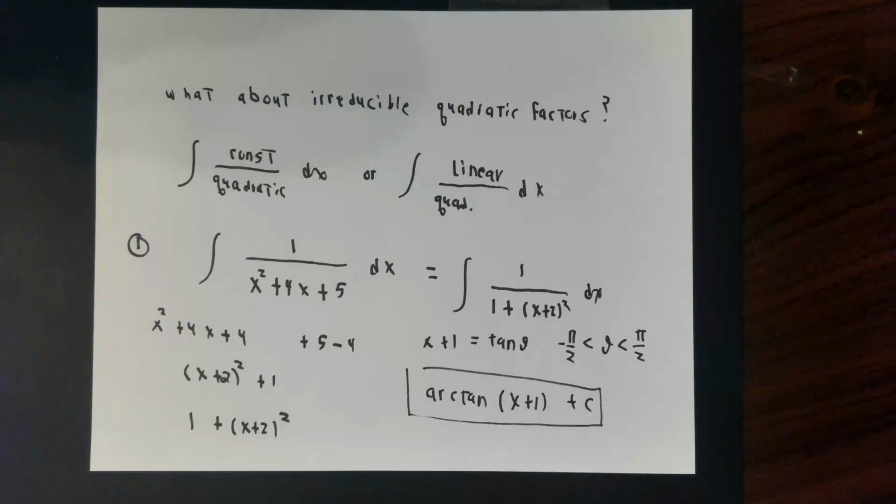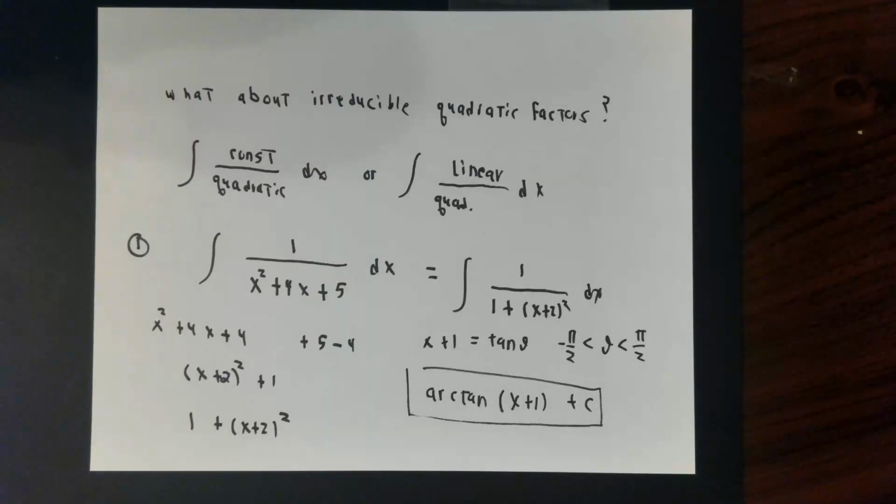Next, I want to think about what to do if I have a quadratic irreducible factor on the bottom. Because of the whole lower degree divided by higher degree thing, there's only two cases to look at. One is a constant over an irreducible quadratic, and the other is linear.